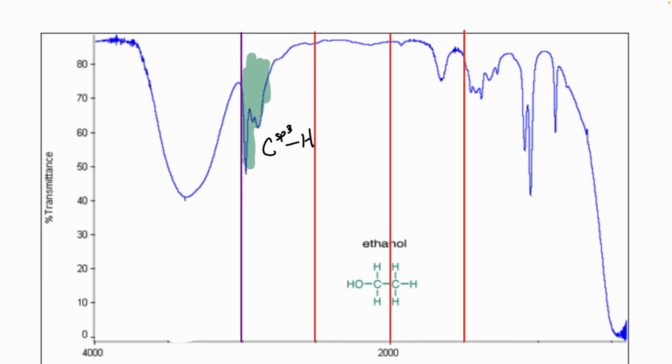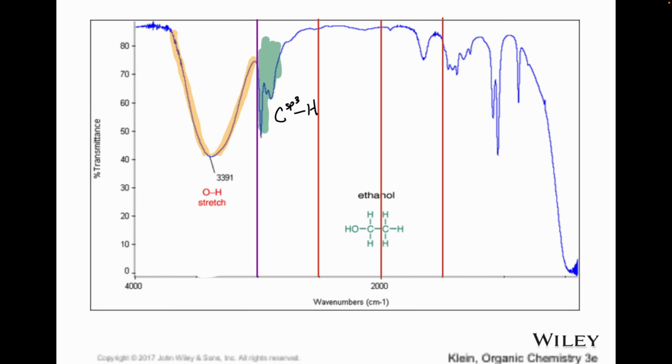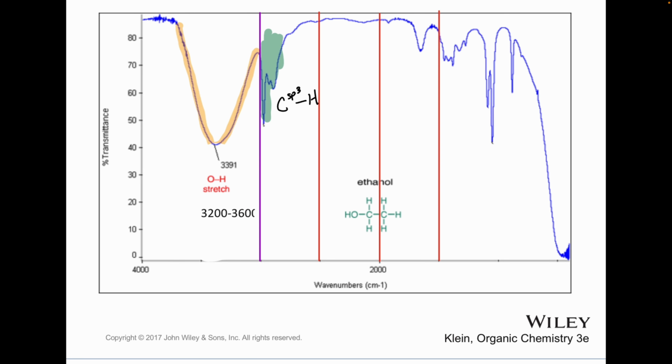But then I also get this very broad peak here. This is the one that corresponds to that OH bond. Our alcohols tend to have a range of between 3200 and 3600. Nice and strong peaks, very obvious peaks on our spectrum, but they have this characteristic broadness to them that makes them very easy to spy.